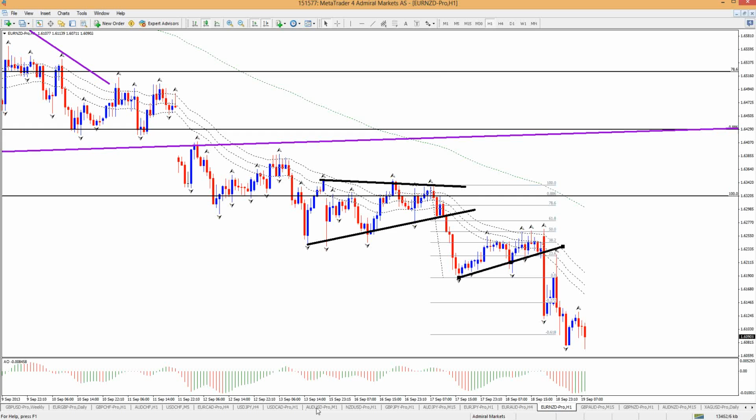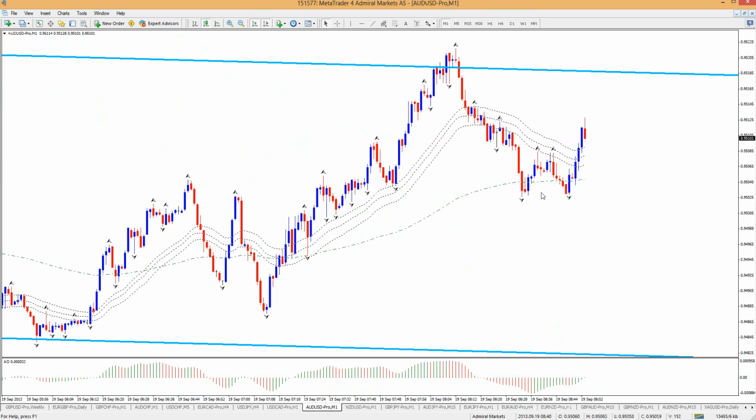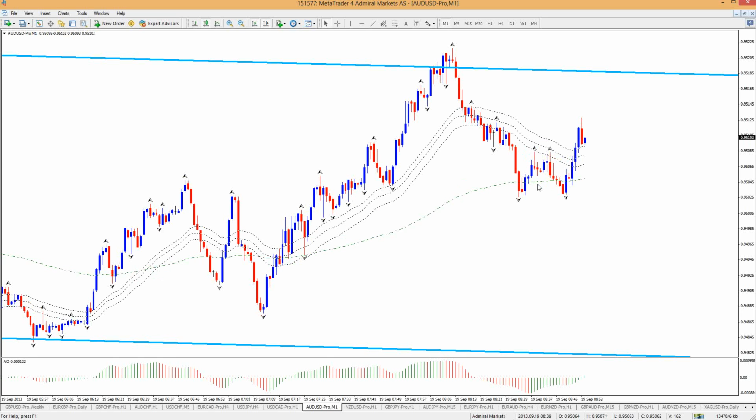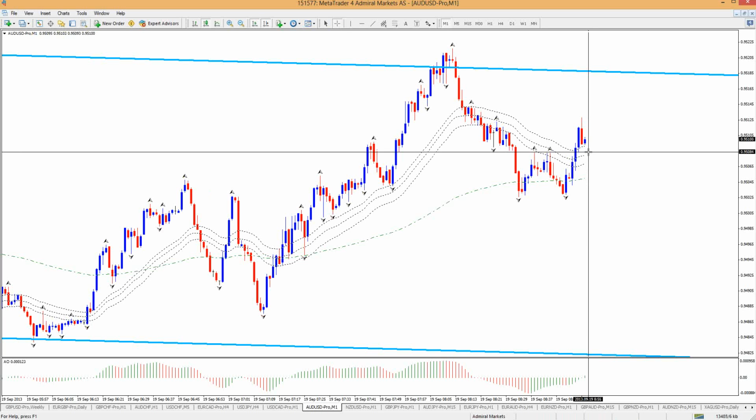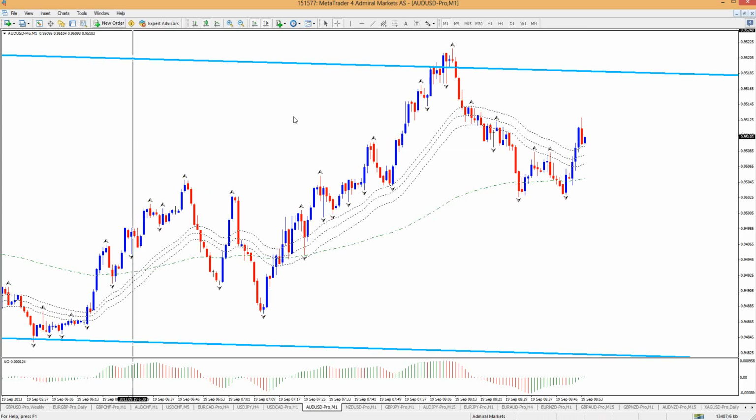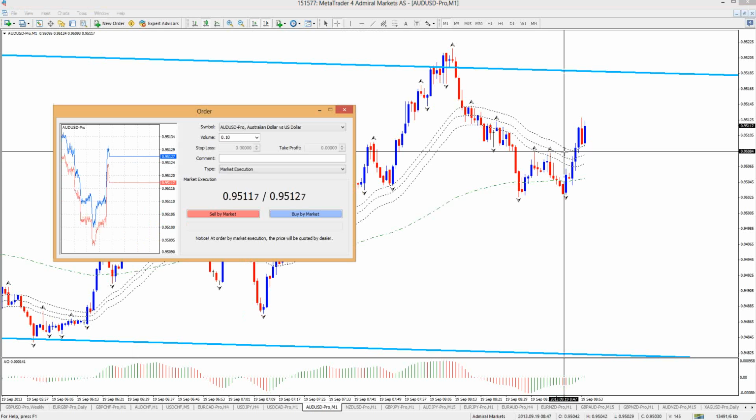Okay, the Aussie has got that rejection, as I said, off the band, and I was waiting for the higher high. Let's take a look. We broke that higher high. Oh shit.